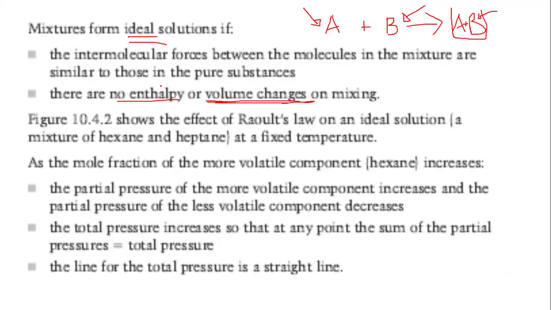Now I'm going to show you a graph of what happens when you mix hexane and heptane. As the mole fraction of the more volatile component, that means the one that produces more vapor and has more vapor pressure, which is hexane in this case, increases, the partial pressure of the more volatile component is going to increase, and the partial pressure of the less volatile component is going to decrease.